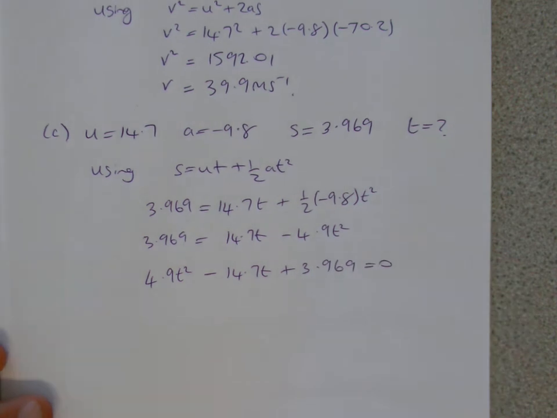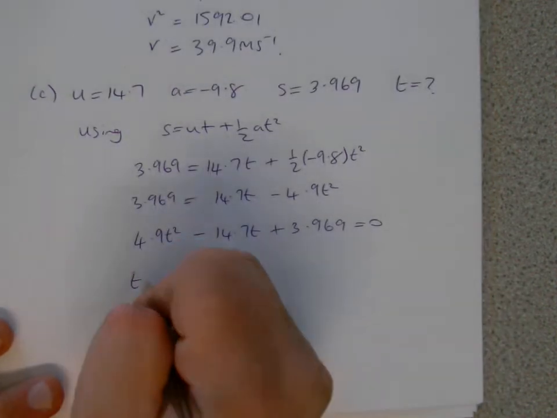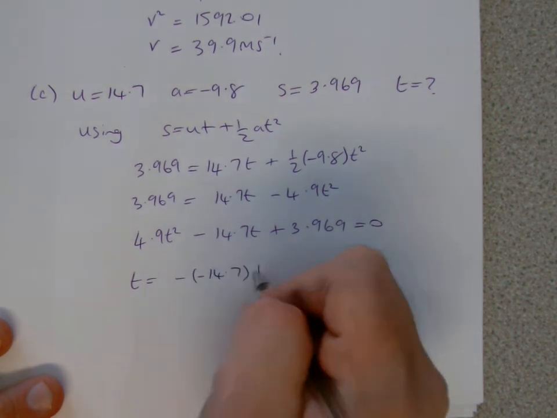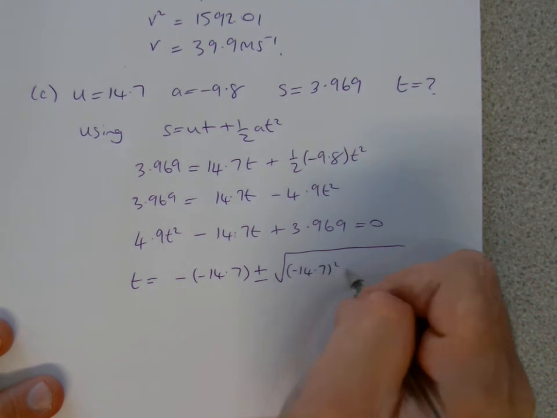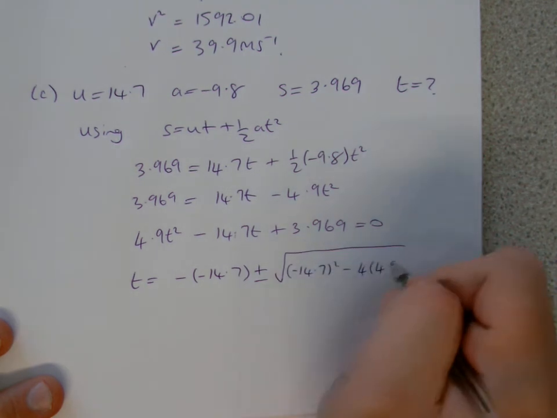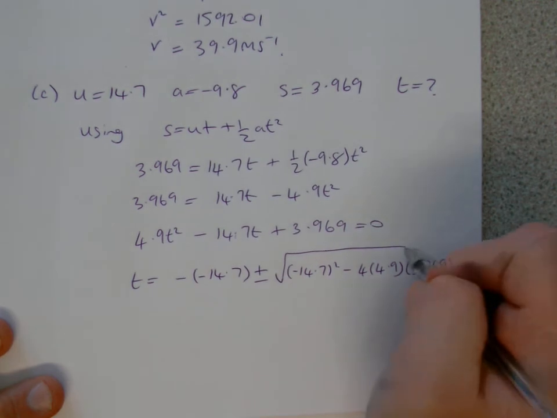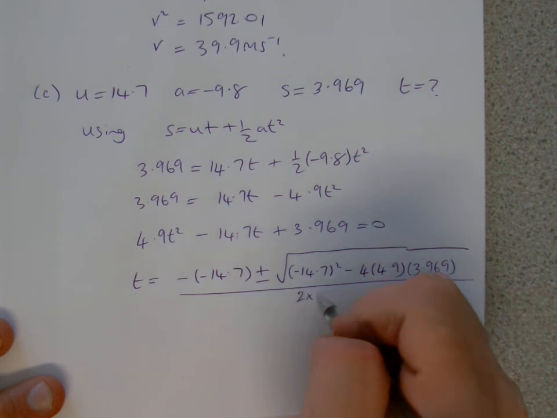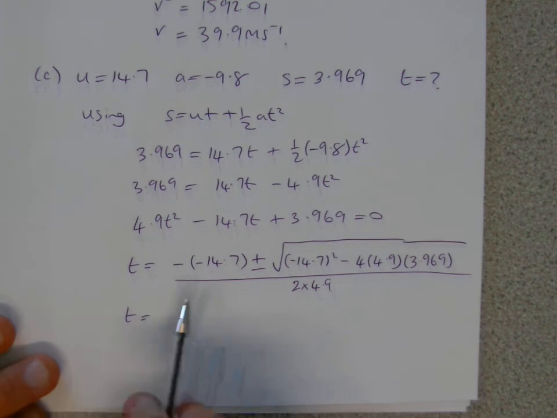It's a quadratic obviously, and I'm going to solve it using the formula method: minus b plus or minus the square root of b squared minus 4 times a, which is 4.9, times c, which is 3.969, all over 2a, and a is 4.9, so it'll be 2 times 4.9. A lot of calculations there, but we just take our time.